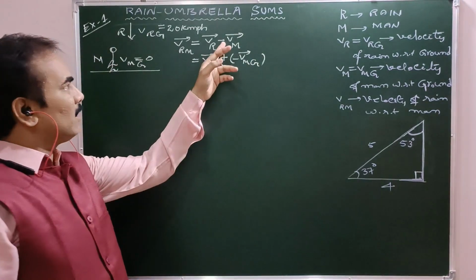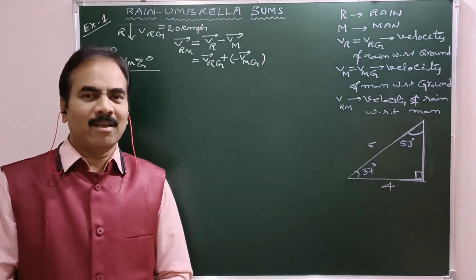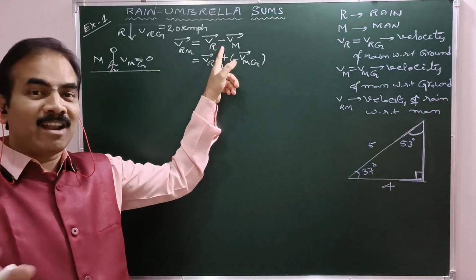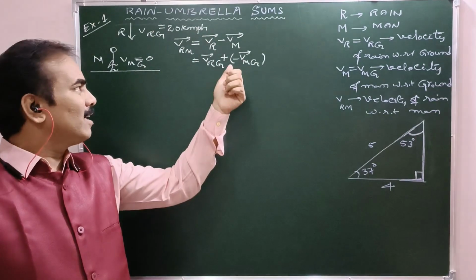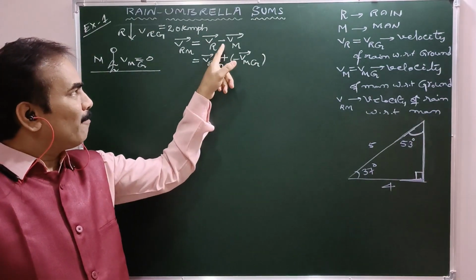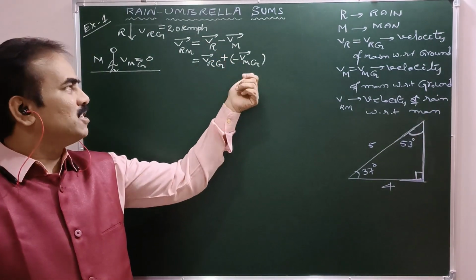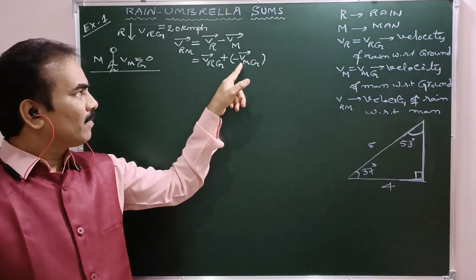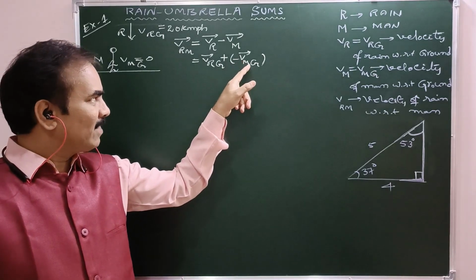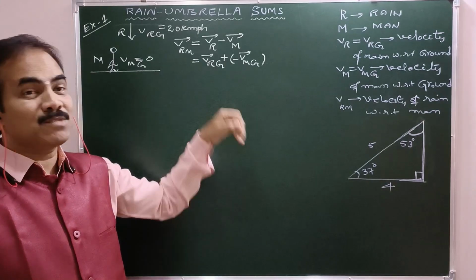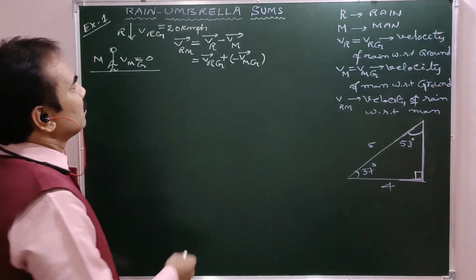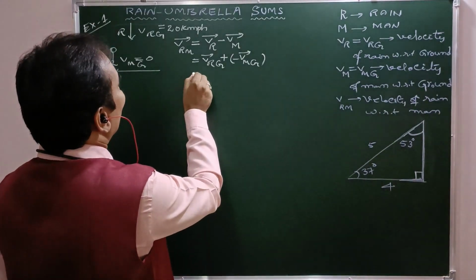Why? Because there is no direct subtraction in vectors. Subtraction is also one kind of addition, as I told you in the previous classes. So minus Vm means plus of minus Vmg, the addition of the negative of the velocity of man with respect to ground to the velocity of rain with respect to ground.